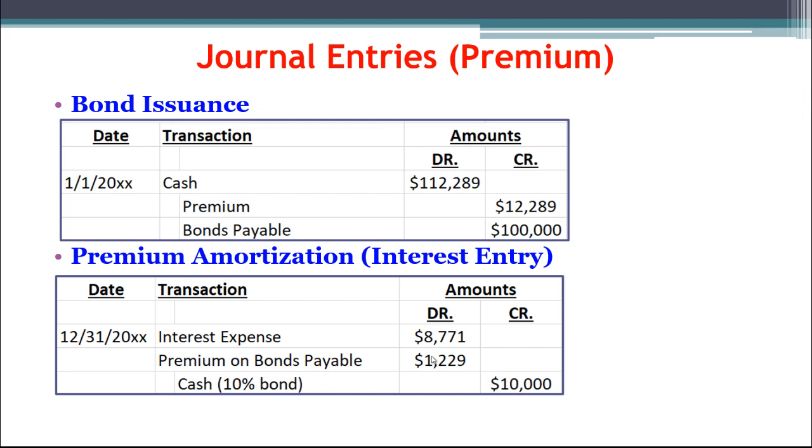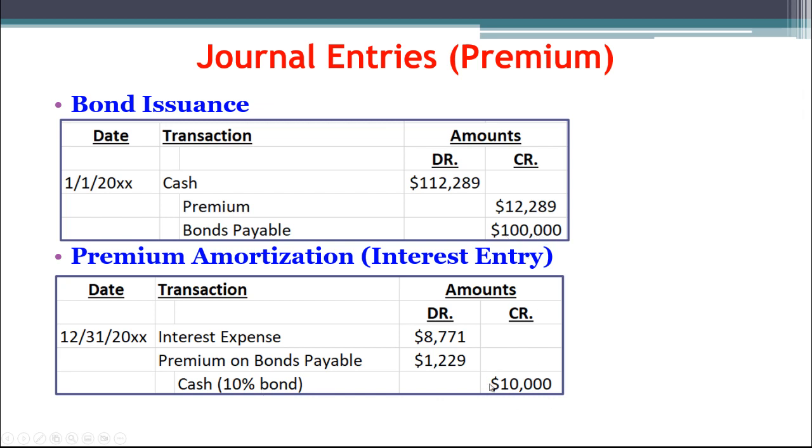Now, the method we're using here, it's a 10-year bond in this case. So we're basically taking this $12,289 and dividing it by 10. So we get $1,229 rounded. We're debiting the premium for that. Now the cash is the amount we're paying. So that's the 10% stated interest rate that we're paying, and it's 10% of the face value, $100,000.